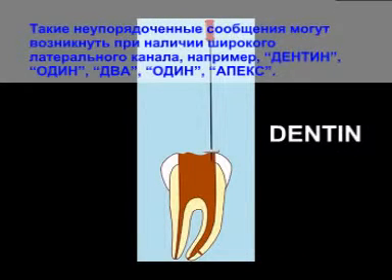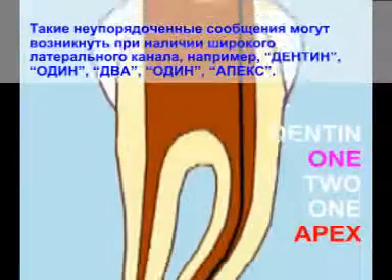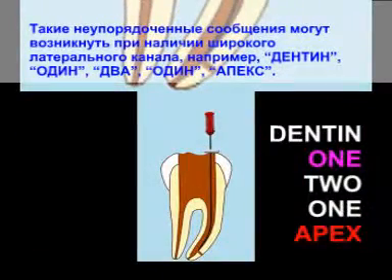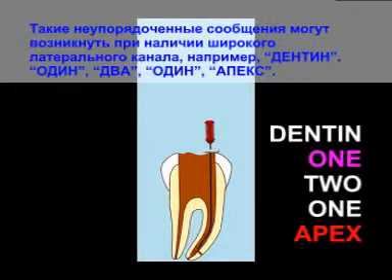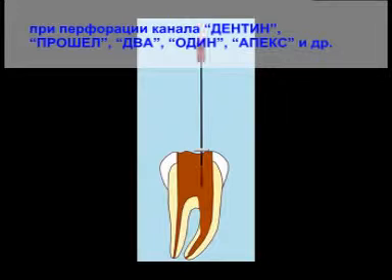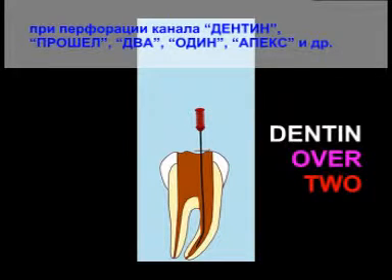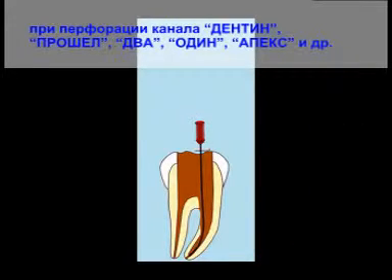If the lateral canal is wide, these jumbled messages might appear in such sequence: dentin 1, 2, 1, foramen physiologicum. Canal perforation: dentin, foramen anatomicum, 2, 1, foramen physiologicum, etc.